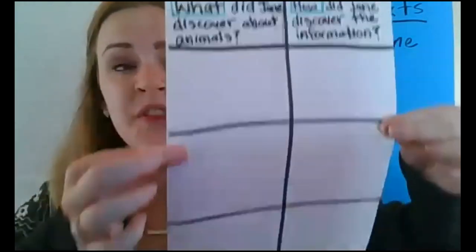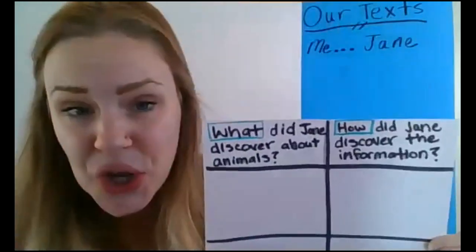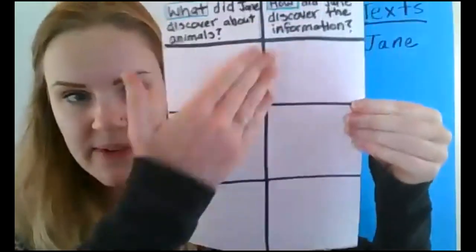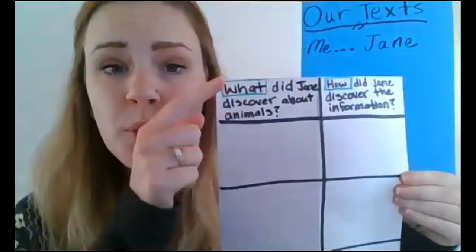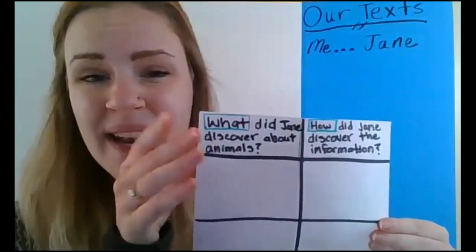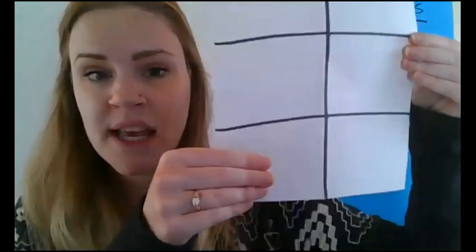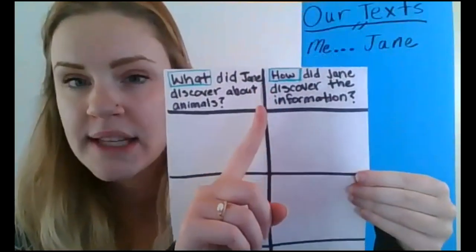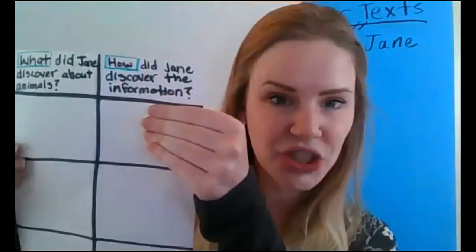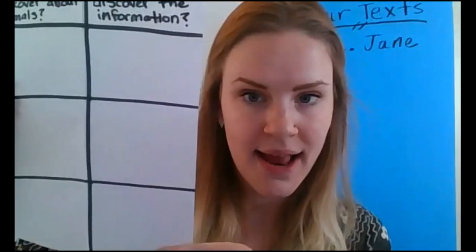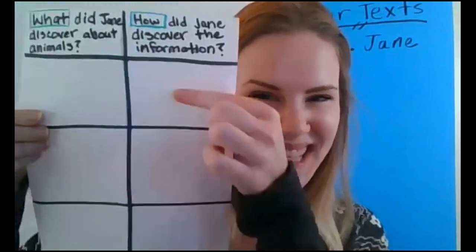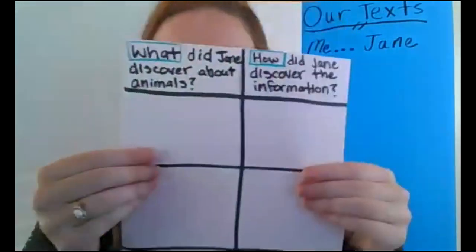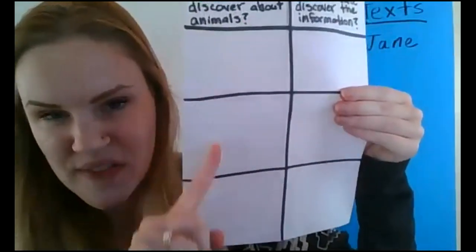So these words give us a clue about the sort of things we're going to fill in our boxes. What tells us we're going to write information about animals in these boxes. How tells us that we're going to write actions of Jane in these boxes. So Jane's actions go here, and what Jane discovered, the information, goes here.